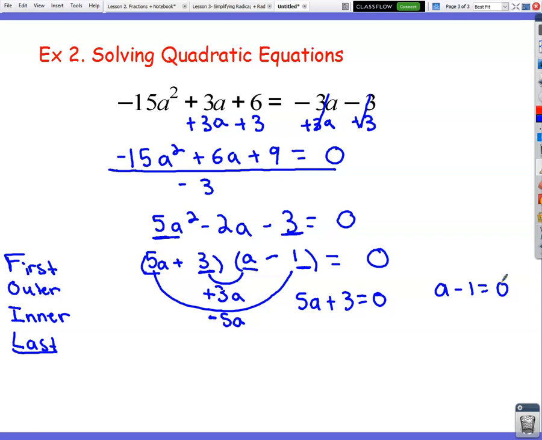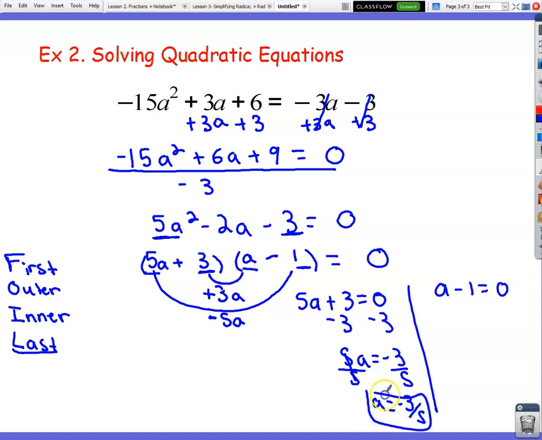So let's solve the first one, and you can do this by doing inverse operations, so minus 3, and then dividing by 5. So yes, it is a fraction, and you can just leave it like that, so a equals negative 3/5.